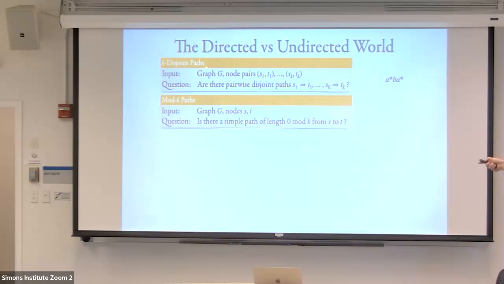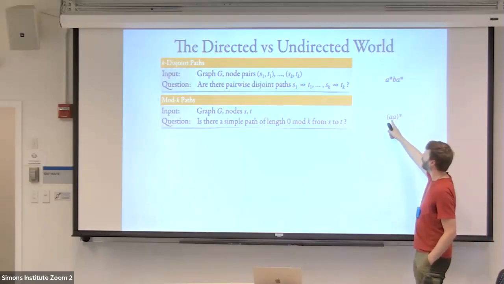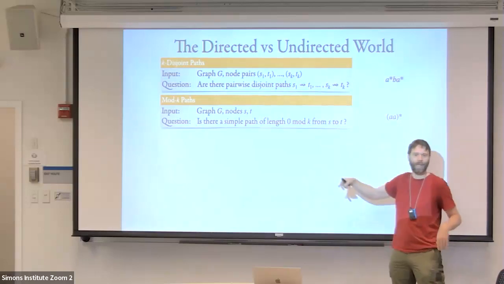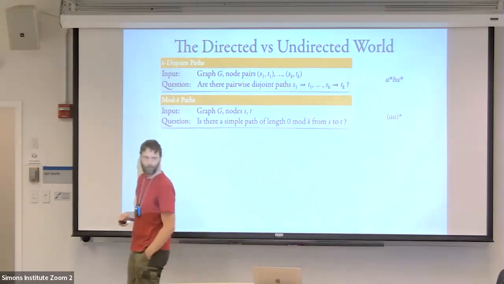And then solving this problem essentially boils down to solving the two disjoint paths problem. So that's why this problem is relevant. The other one, modulo k paths: if you want to find paths that match this, then this is finding paths of even length. And of course, the more A's you insert here, this increases your k. So all these modulos are relevant for solving our problem.